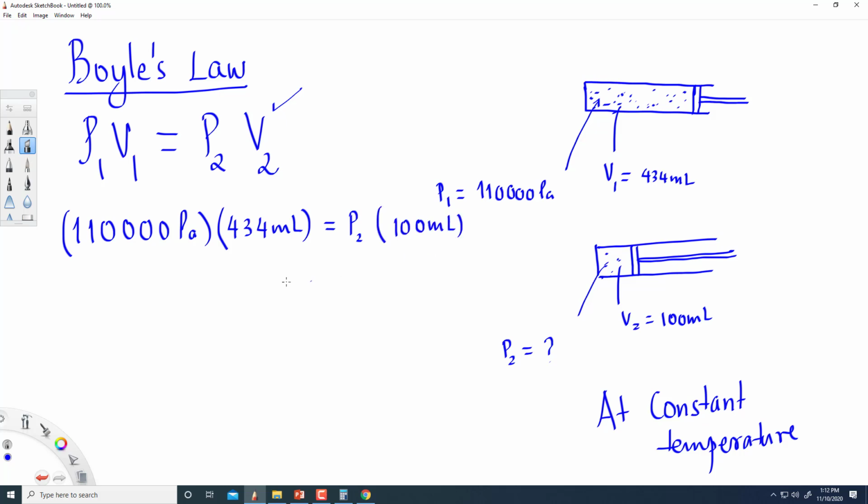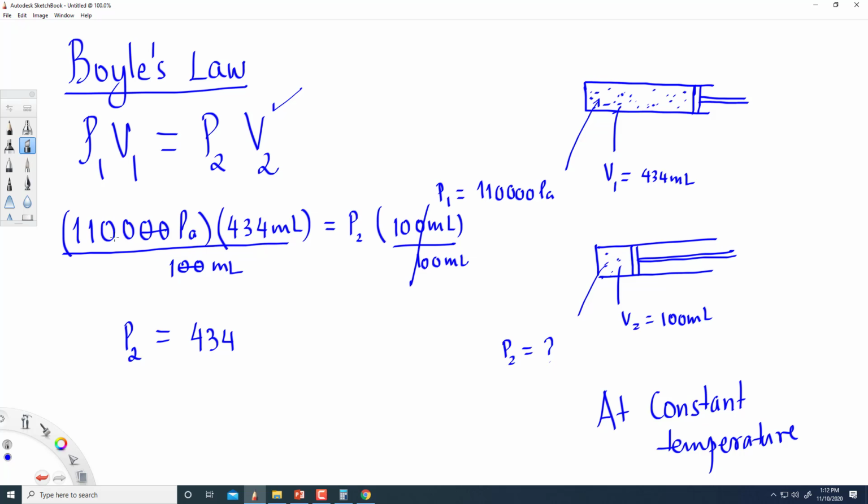So in order to get P2 on this right side, divide both sides by 100 milliliters. You cancel that 100 and 100, and you do the math. The two zeros cancel, so that will give me 434.